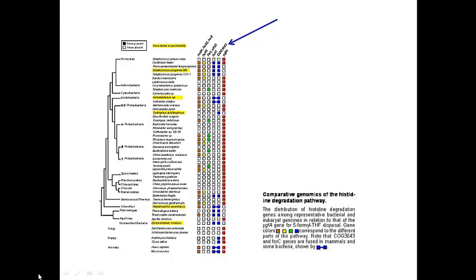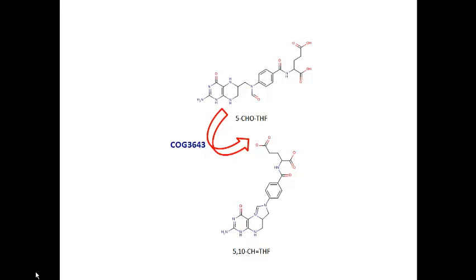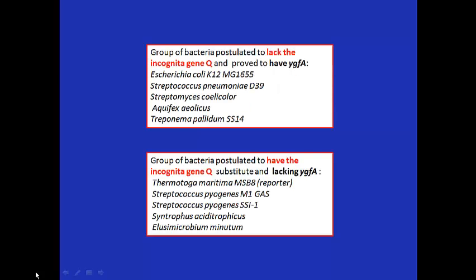So there's more than one tool to do this. We're going to use the one at the Joint Genome Institute, the DOE JGI, and we're going to look for a gene that has the opposite distribution to YGFA, which is the characteristic that we predicted would be the gene that we want.